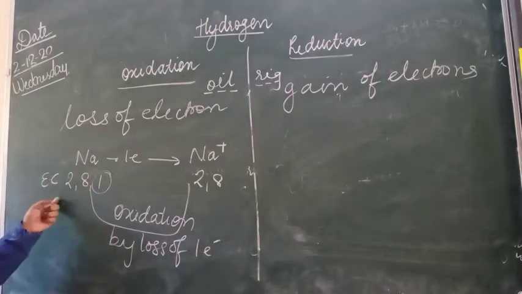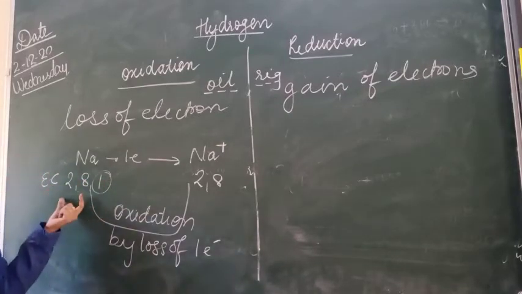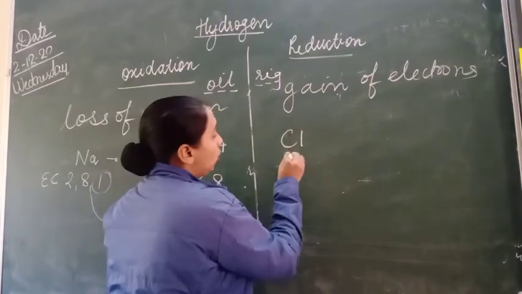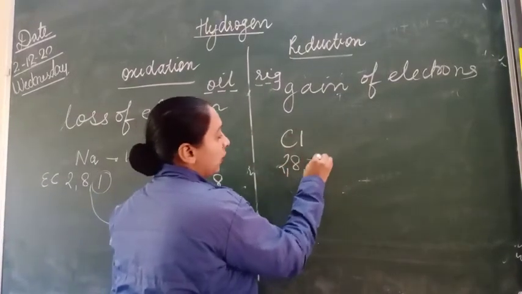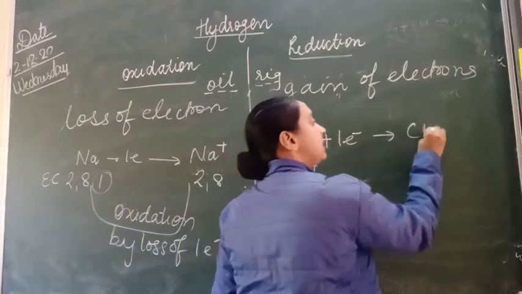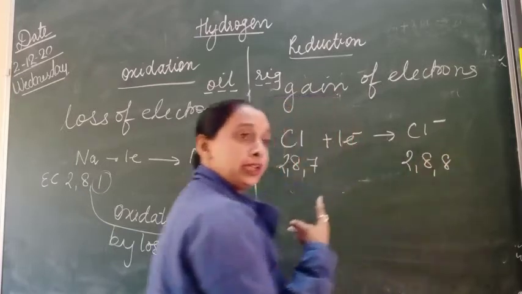Here, what did sodium do? It has lost one electron because it has to become stable. Similarly, chlorine, whose electronic configuration is 2,8,7, will gain one electron and form the Cl minus ion. Now the electronic configuration is 2,8,8.